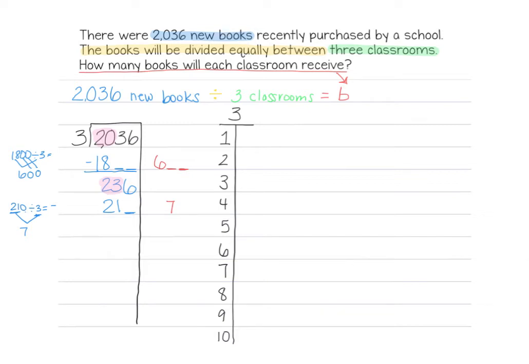So then we say, oh, we still need our 0 in the ones place. So 70 times 3 is 21. 7 times 3 is 21, and 70 times 3 is 210. So we do need our 0 in the ones place.